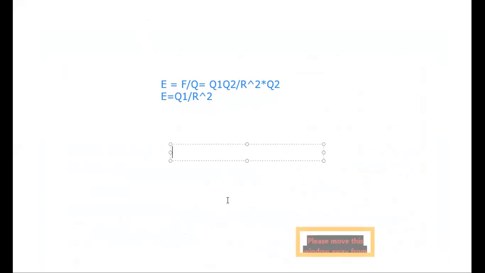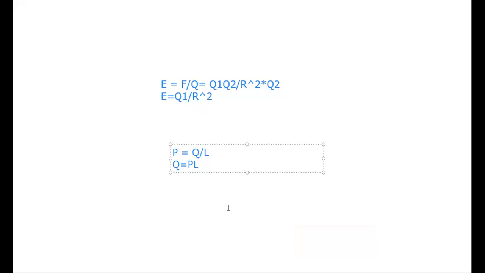Charge density, whose notation is rho. Let us assume rho equal to charge density, charge per unit length, q by l. So rho equal to q by l. From this, q equal to rho into l.